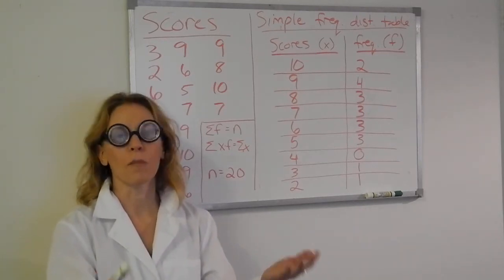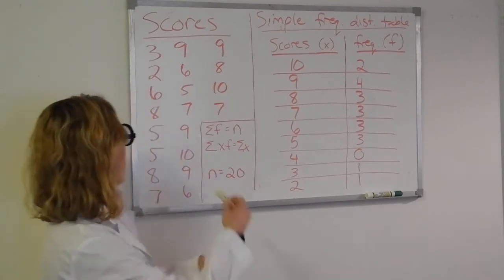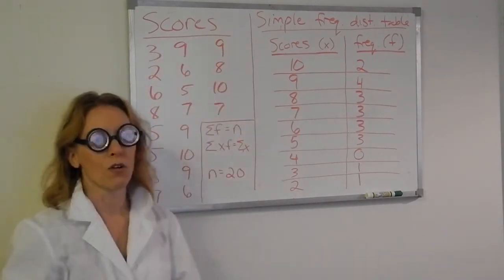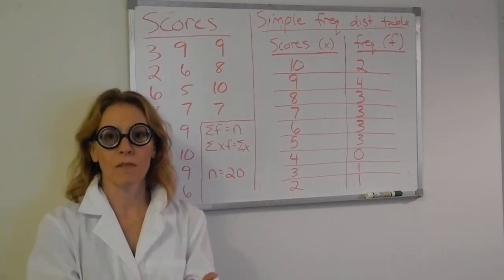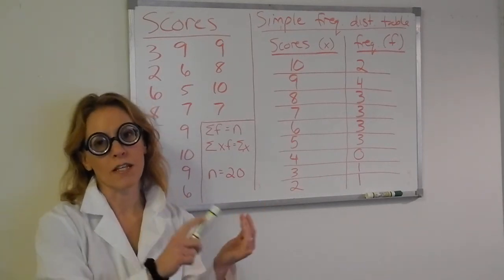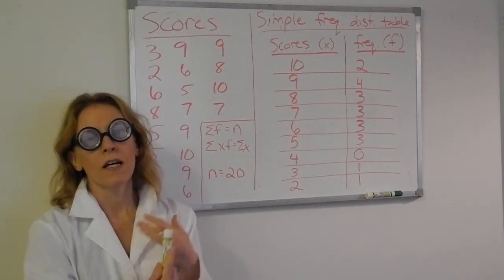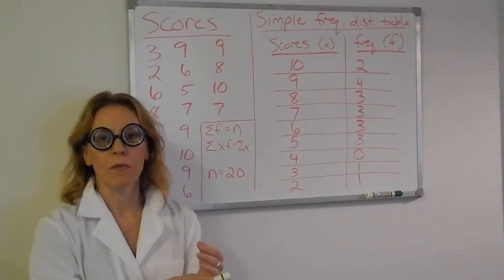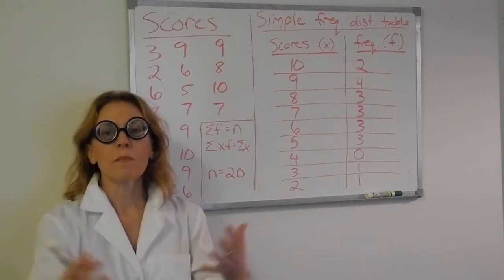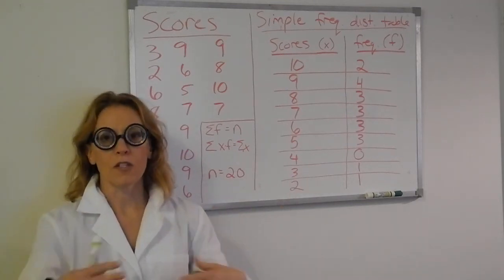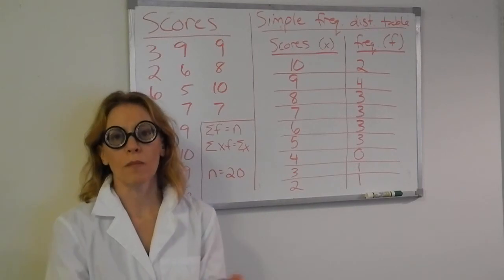So rather than having a bunch of scores, or a bunch of test scores, or a bunch of IQ scores, we want to organize them in some way that makes sense, whether we're talking about central tendency, which we'll talk about next module, or whether we're talking about making a table. Either way, we're simplifying a bunch of numbers, a bunch of names, a bunch of whatever it might be.